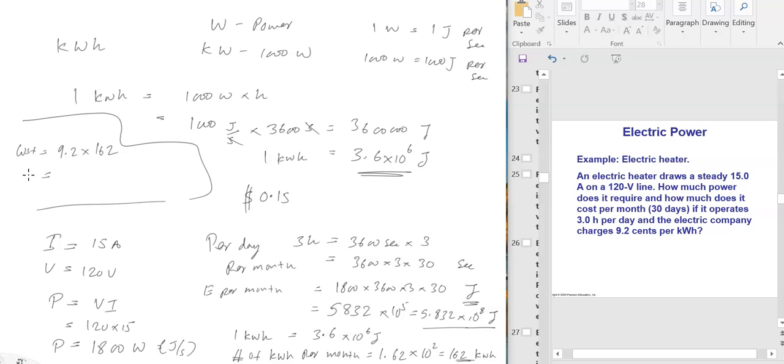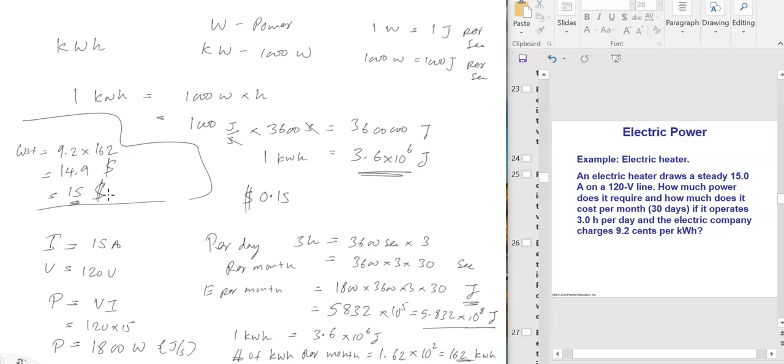Whatever answer you get is in cents, divided by 100 to make it dollars. So I get approximately $14.9 or $15, right? So just for this heater, if you use it 3 hours a day for 30 days, you end up paying $15.